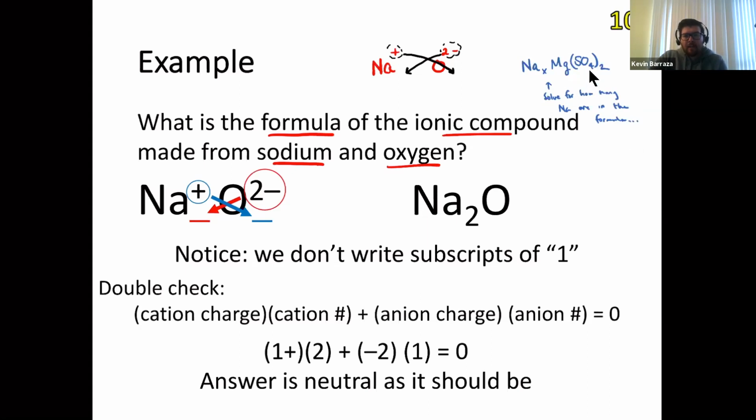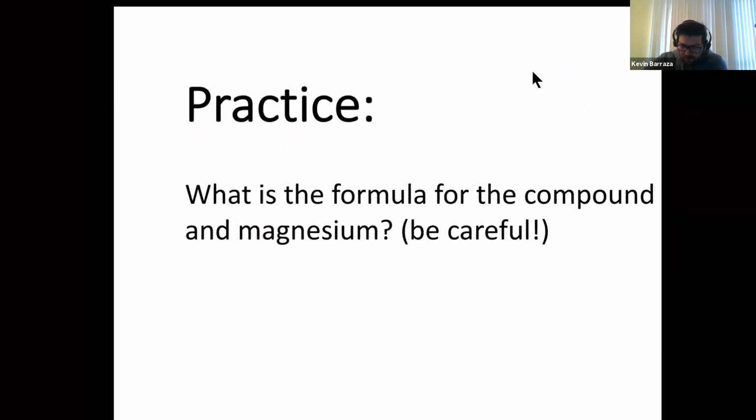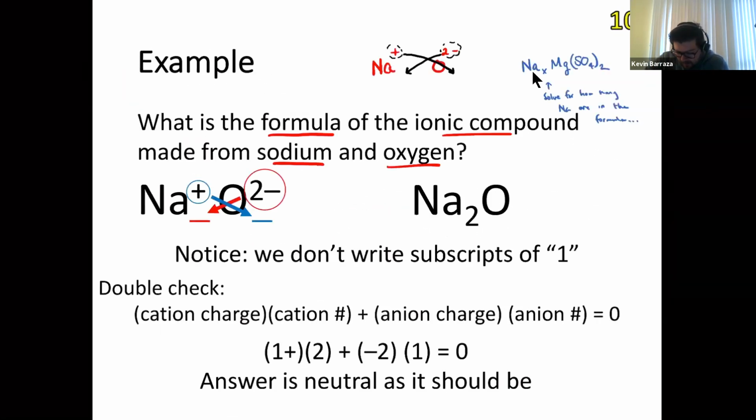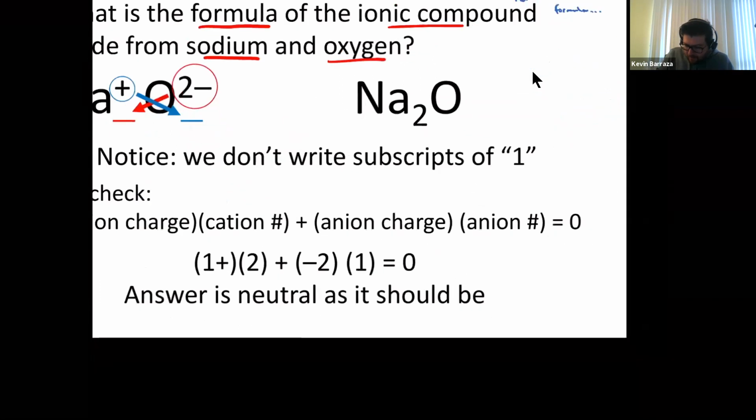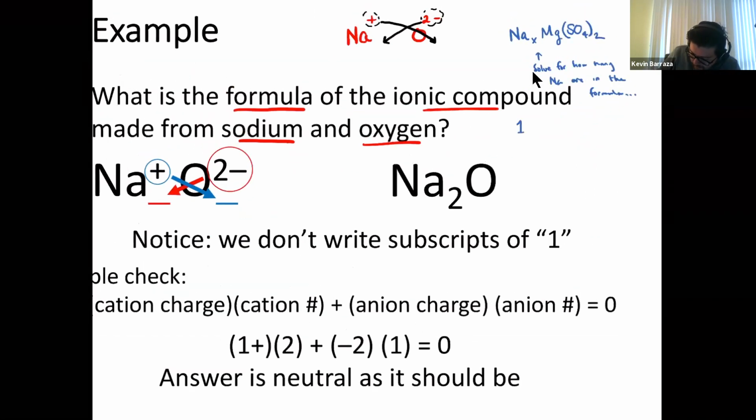In this case, we have sodium, which is +1, but we don't know how many there are. So our 1 times X for sodium has a +1 charge, but there are X of them.